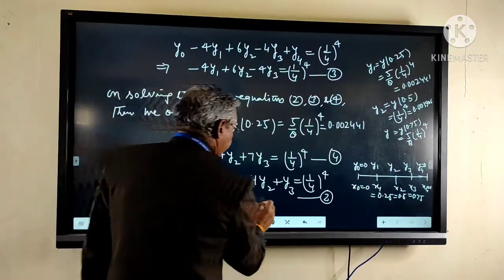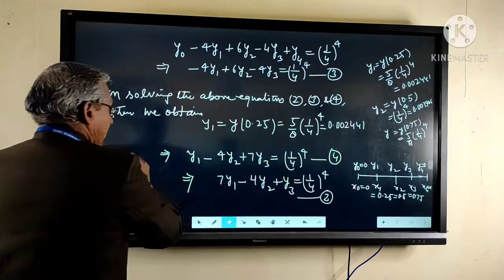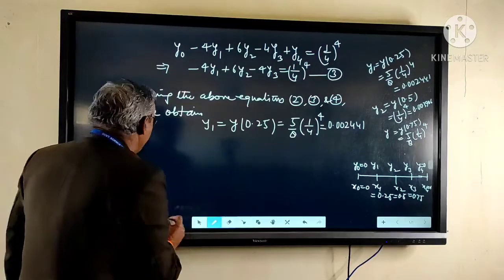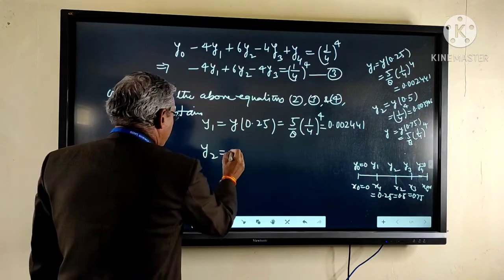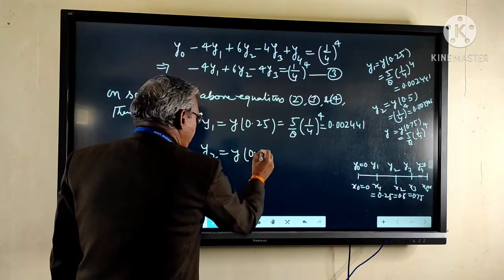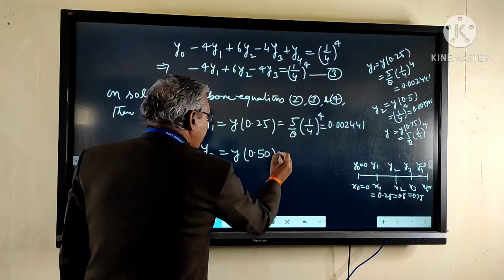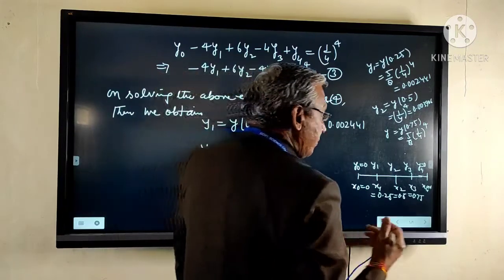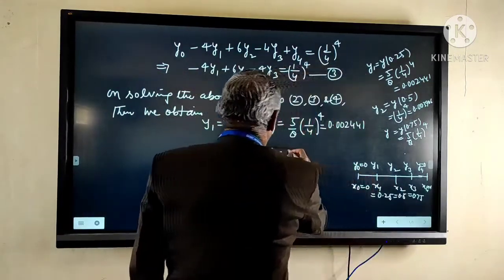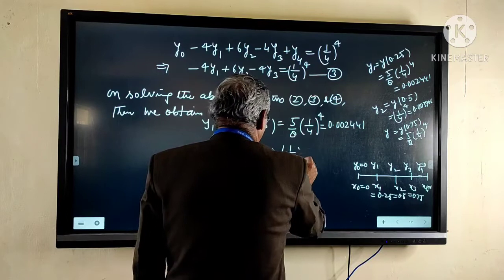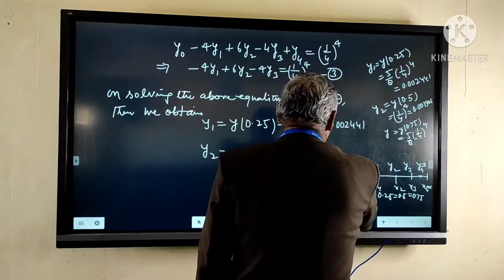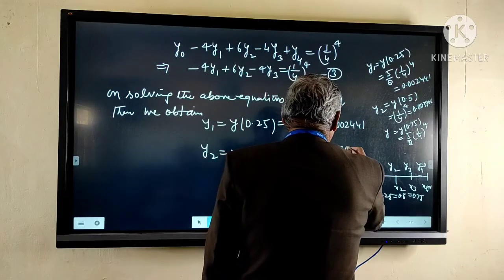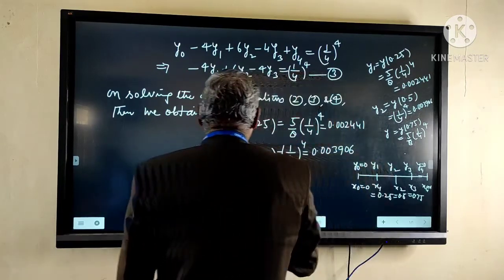And y2, the value of y at 0.50, equals 1 upon 4 to the power 4, and this value becomes 0.003906.